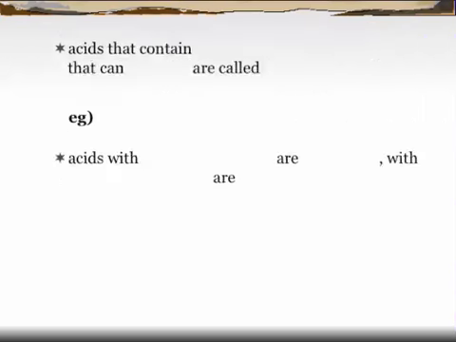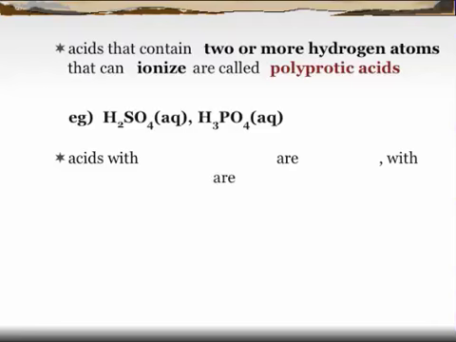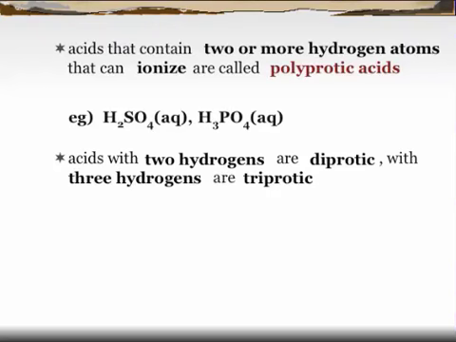Acids that contain two or more hydrogen atoms that can ionize are called polyprotic acids. So for example, H2SO4, H3PO4. Acids with two hydrogens are diprotic, with three hydrogens are triprotic, etc.